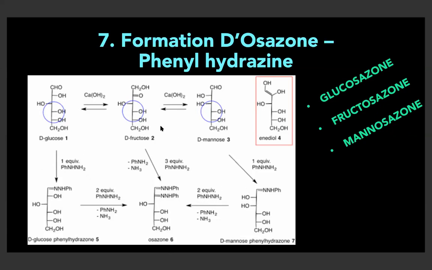The reason why we do not consider galactose to be one of the osazones is because maybe we'll talk about two factors here: its structure being different from the three, or we also talk about its chirality.